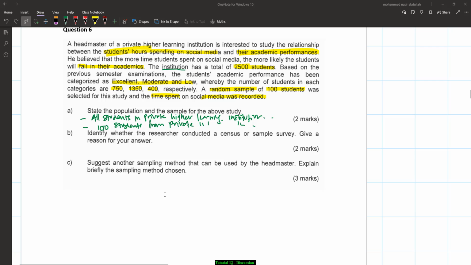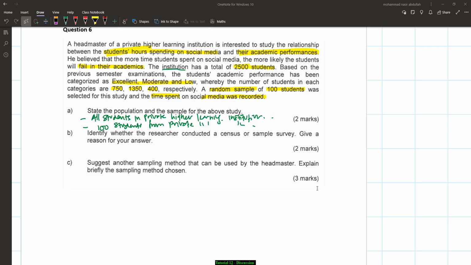Suggest another sampling method that can be used by the headmaster. Explain briefly the sampling method chosen. Instead of simple random sampling, you can also use the stratified sampling method, because we have three groups: excellent, moderate, and low. So we can select 100 from excellent, moderate, and low.